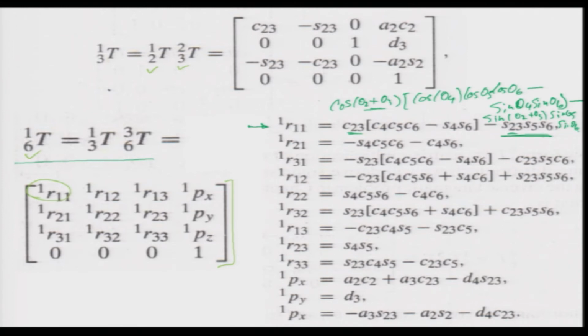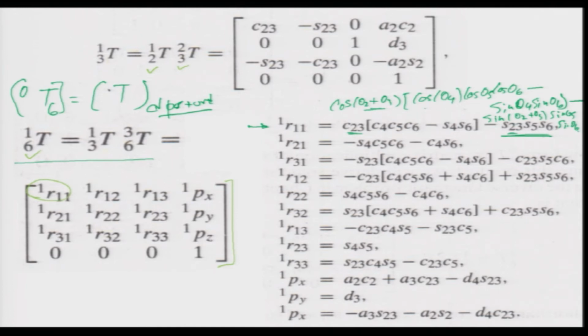What I mean is, if I multiply 0 to 6, I get 0 to 6 here, and this is my desired position plus orientation matrix for doing the inverse kinematics. If I take term by term and try to solve, this is a 4 by 4 matrix, this is also 4 by 4, but if I take term by term, it will become extremely difficult, or you will not be able to solve.